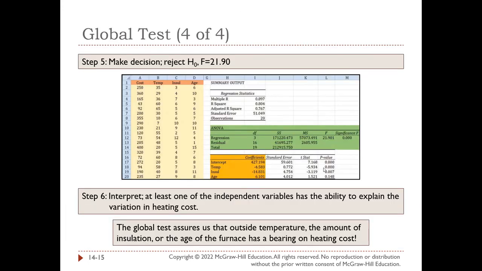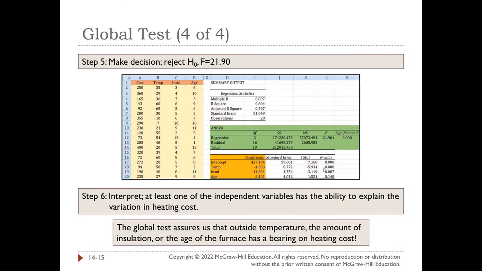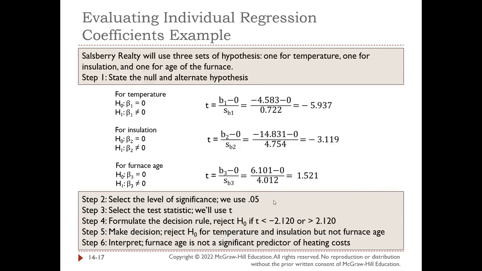So, where do they pull all these numbers? The 0.0722, the 4.754, and the 4.012. Well, they're pulled from right here, the standard error. That's what goes into the denominator. These are the numbers that we're using in the numerator that we subtract 0 from.